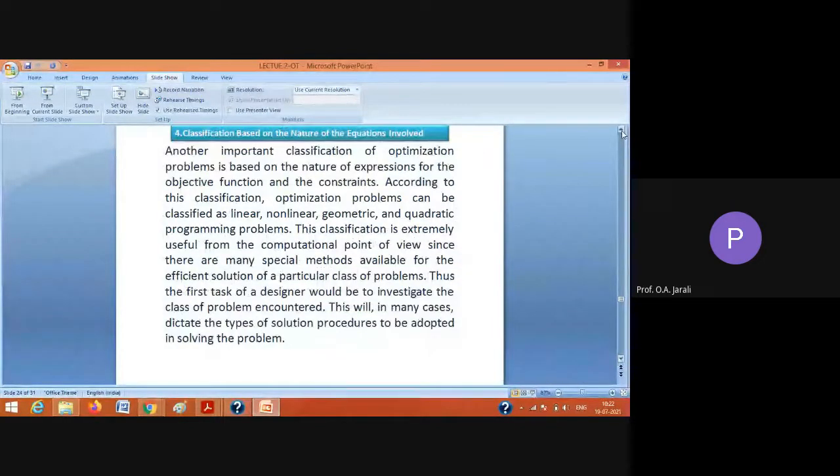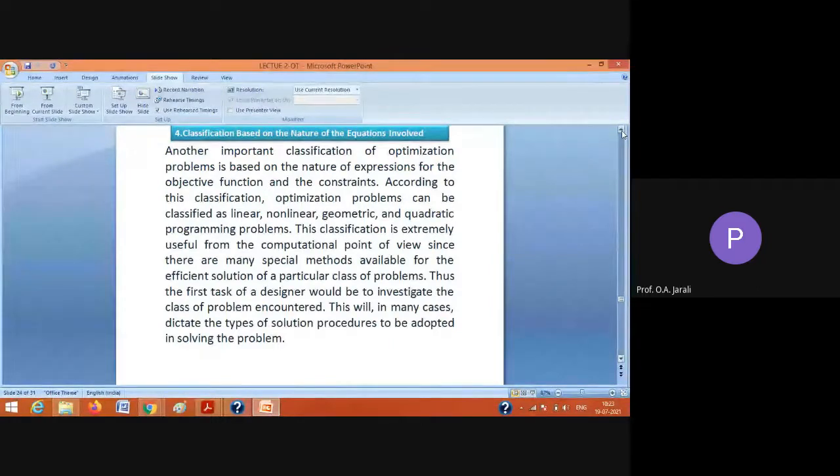Let us see the fourth classification of optimization problems, that is based on the nature of equations involved. That is, the nature of expression for the objective function and the constraints. According to this classification, optimization problems can be classified as linear, non-linear, geometric, and quadratic programming problems.